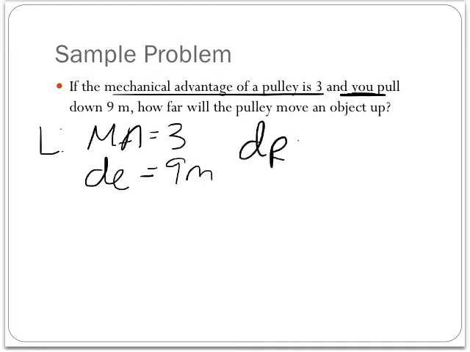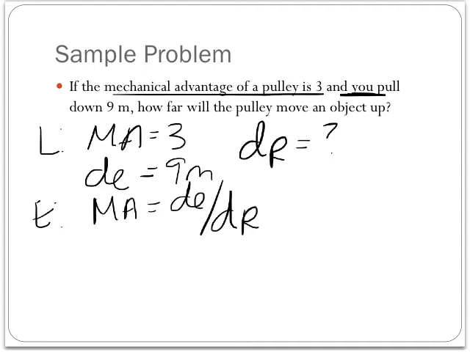So our DR is our question mark. The equation you're going to use is MA is equal to DE divided by DR, and we need to solve for DR. So in order to get DR out of the denominator of a fraction, we need to multiply both sides by DR. Alright.